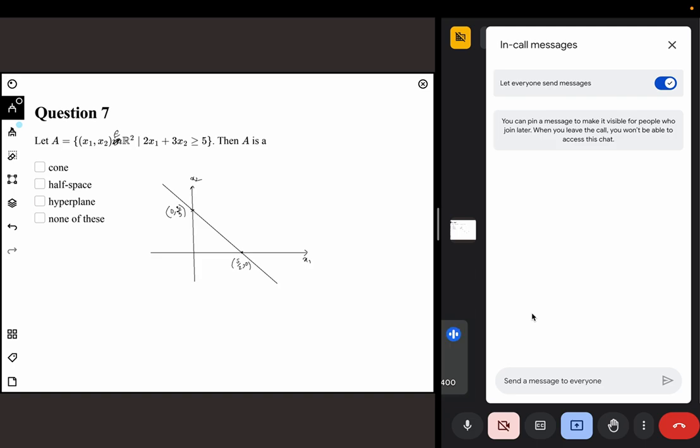So can I call all the points on this line a cone? You can call it a cone.